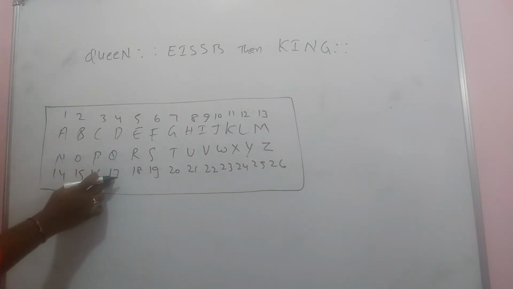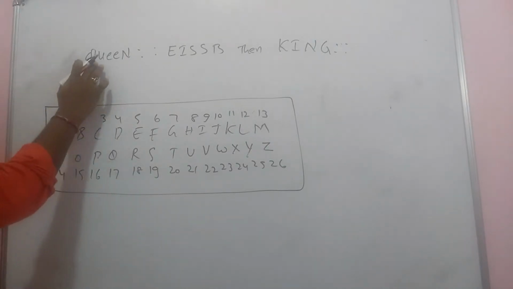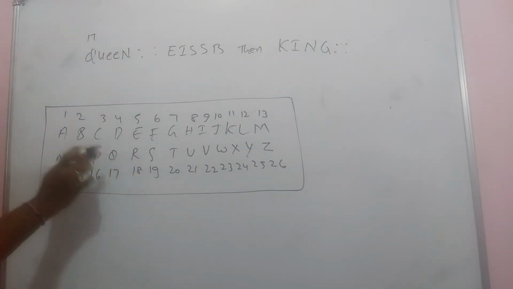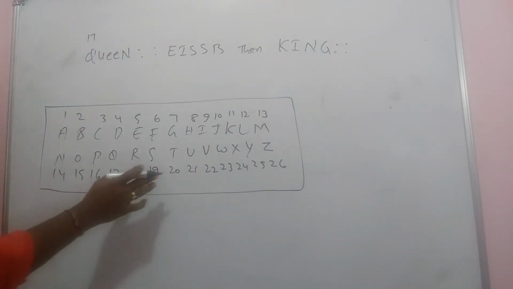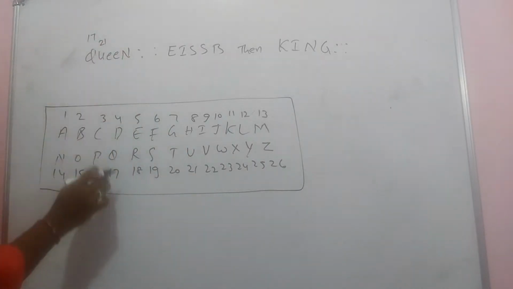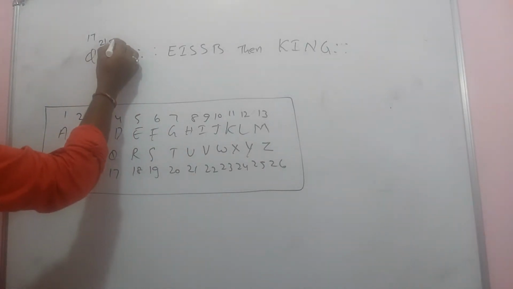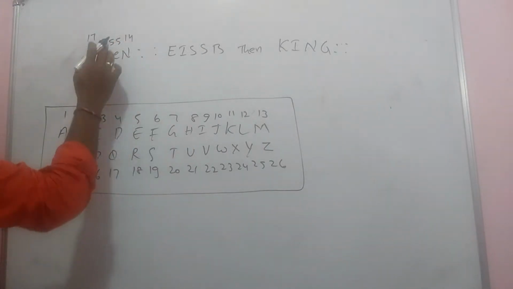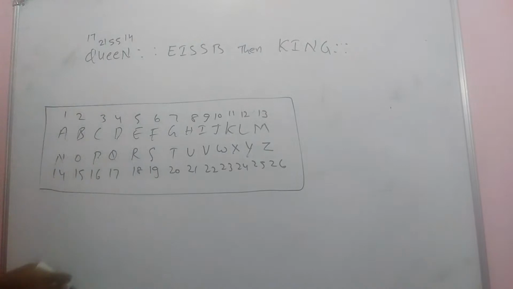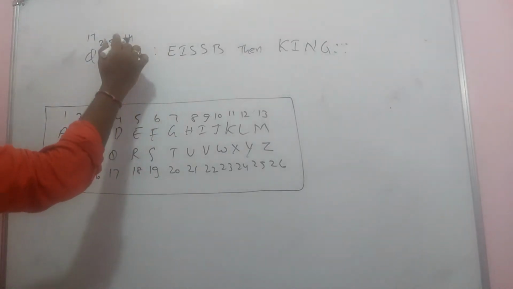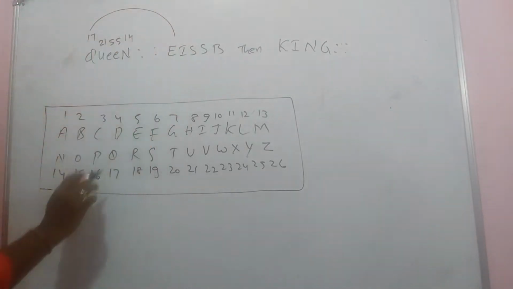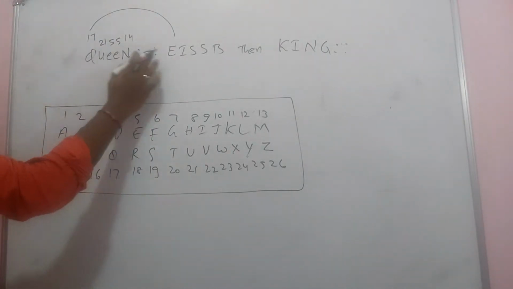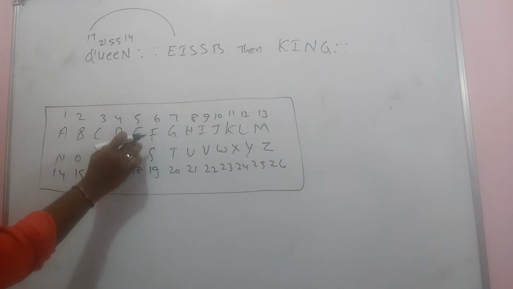Now if you see there, Queen. So what is happening here? Just write the numbers over there. Q is 21, E is 5, N is 14. So 21, 5, 5, 14. And here Q corresponding, what am I getting?